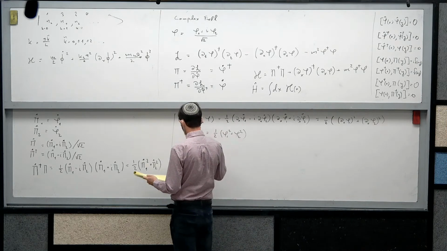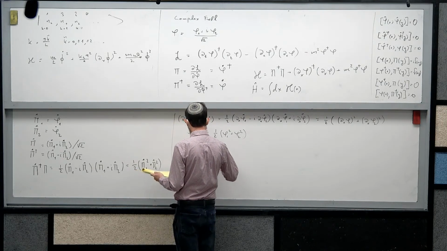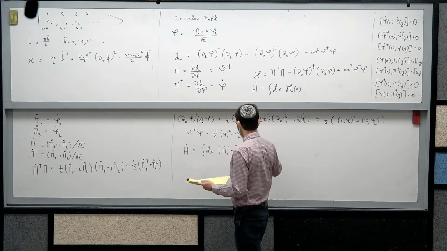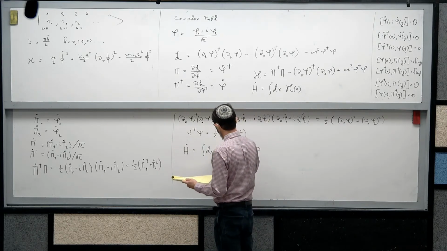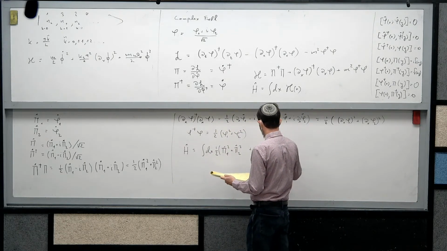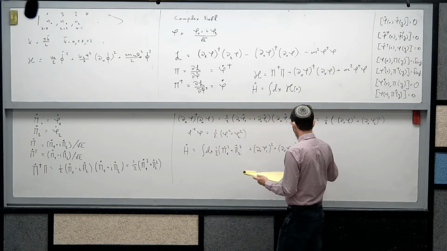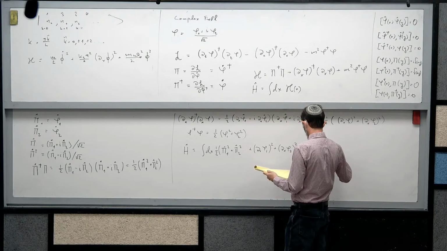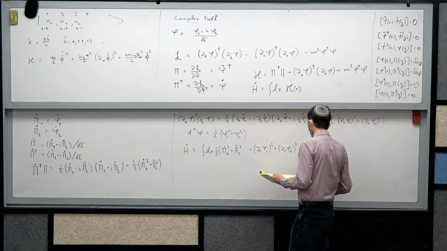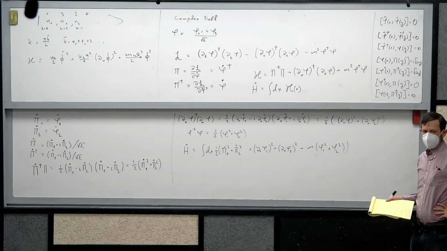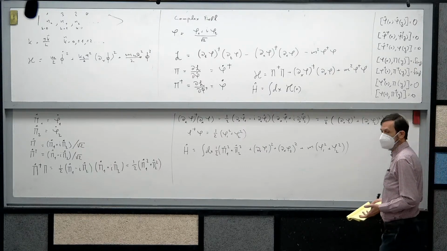So my Hamiltonian okay. So what do we have here basically?